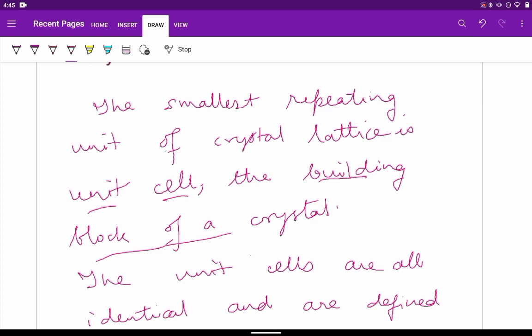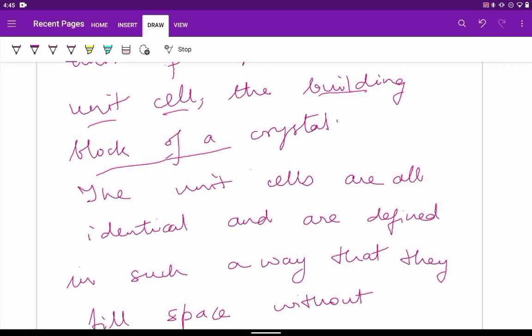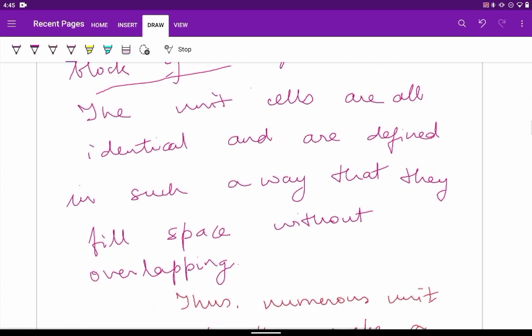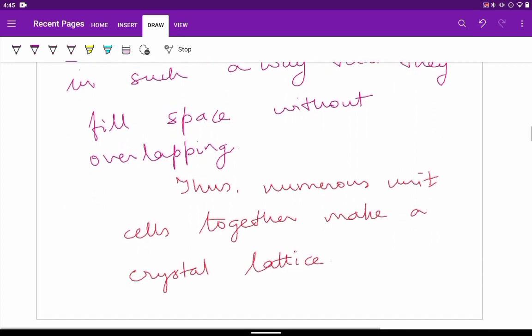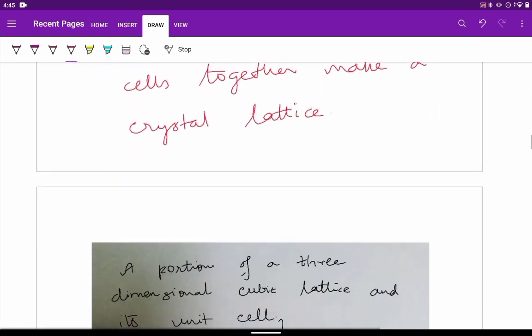The unit cells are all identical and they are defined in such a way that they fill the space without overlapping. That is, when we keep the unit cells side by side, they do not overlap each other. One will not fall over the other, and they fill every space. So numerous unit cells together make a crystal lattice.